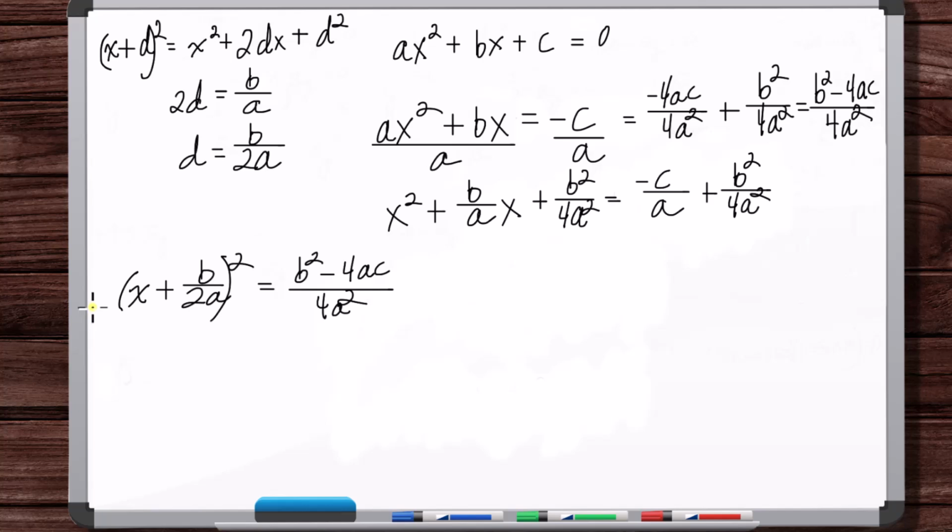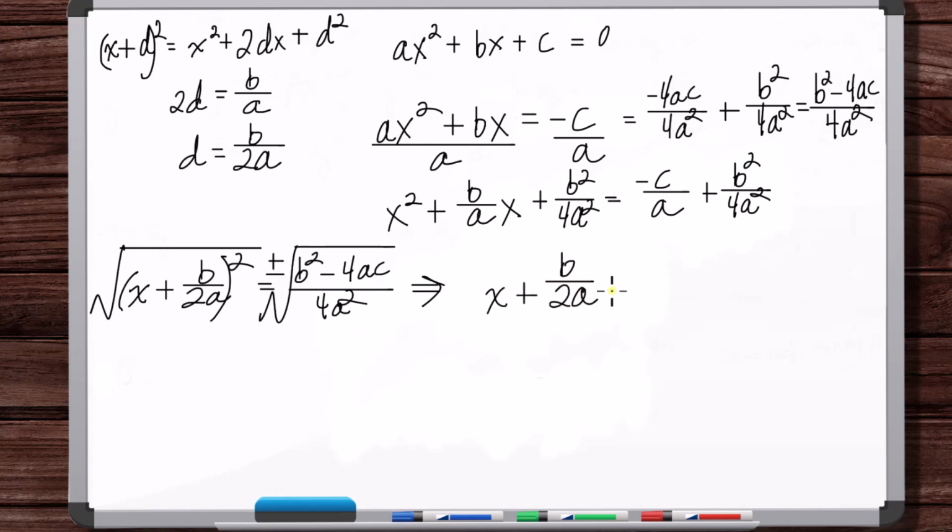Now, square root property, plus or minus. So we've got x plus b over 2a is equal to plus or minus the square root of b squared minus 4ac, and then the square root of 4a squared.